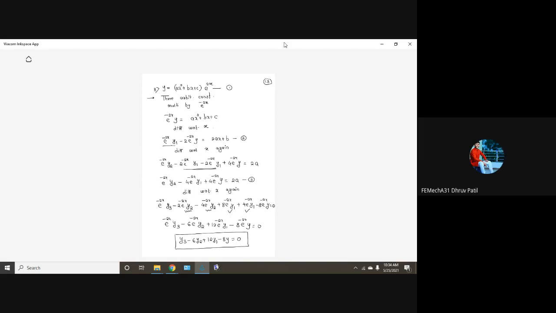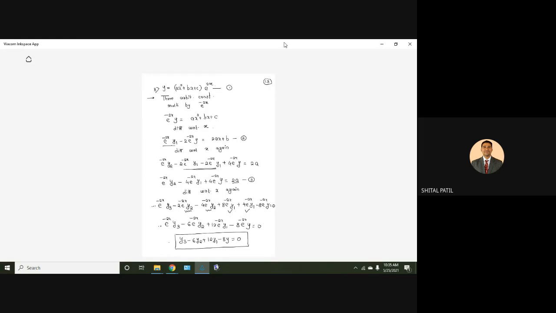Sir, it should be equal to 2, no? Which term? The third, 2a y1 differentiated. Which step should I look at? The third last step. Differentiating 2a, the answer will be 2, no? 2a is a constant, a is a constant.